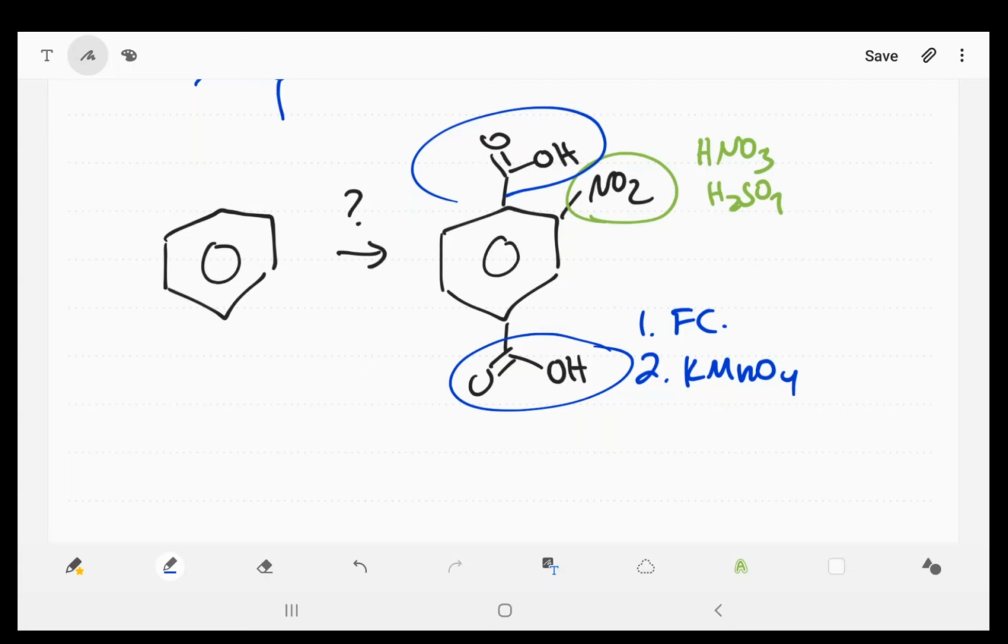But we also know that we have two steps to do with Friedel-Crafts. Friedel-Crafts will give you an alkyl group on there, and alkyl groups, remember, are ortho-para directors.